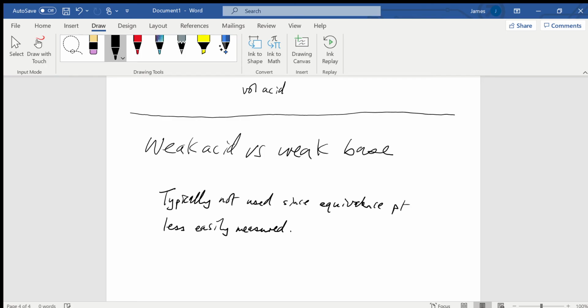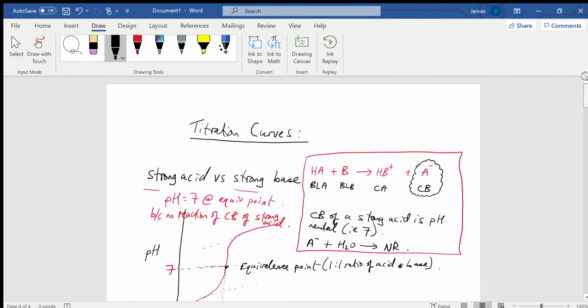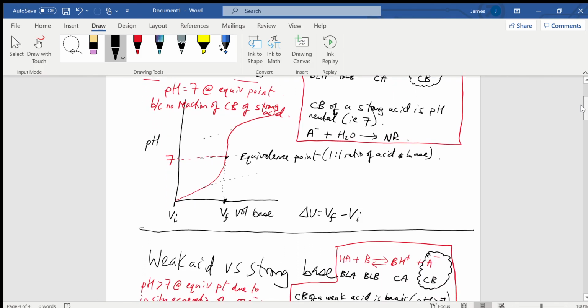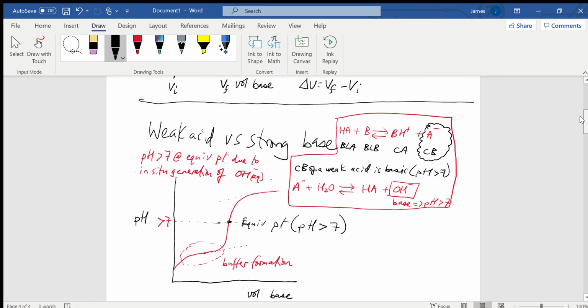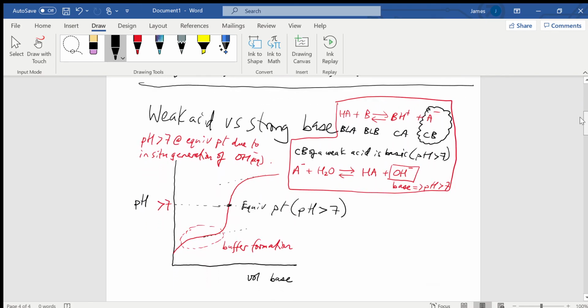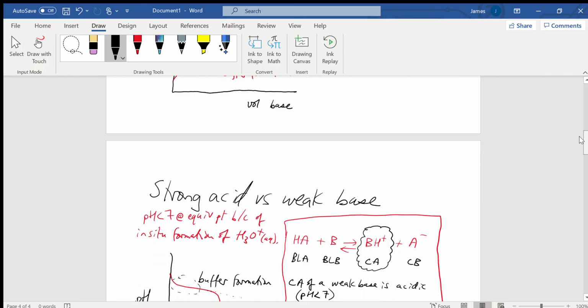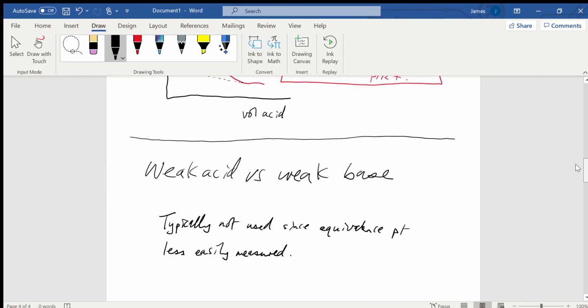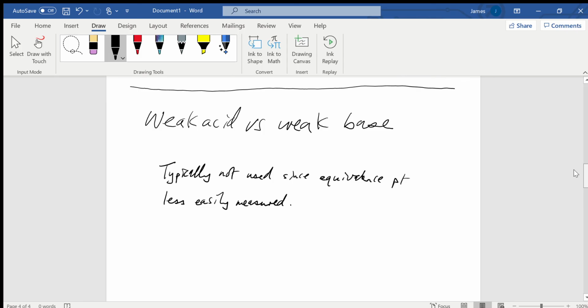So we typically always want to have something strong in our titration, and for that reason, either both strong acid, strong base, which was our first example, or this one where we had a strong base, or this one where we had a strong acid, but we don't want everything weak.